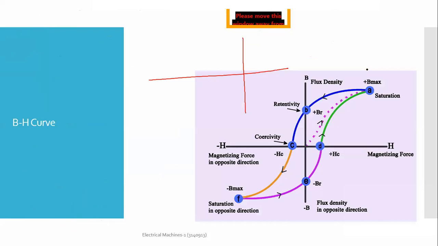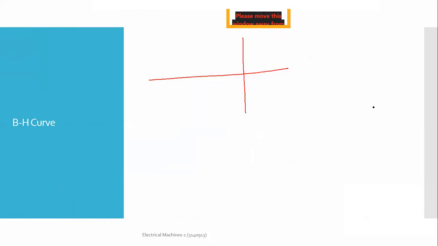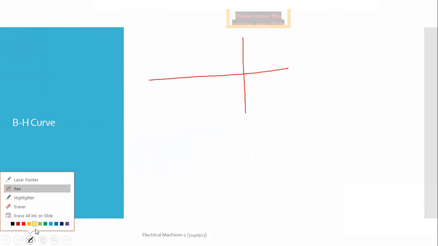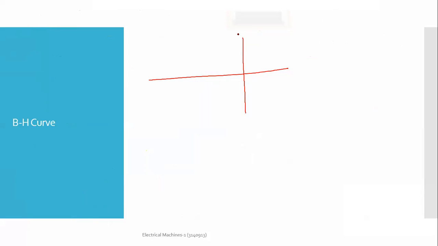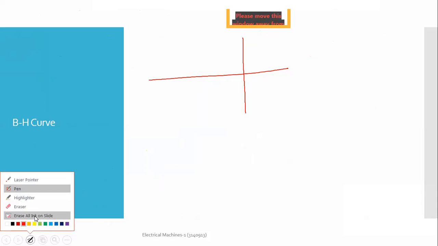Okay, let me show you what will happen. I'll explain what will happen if the core saturates. What is the problem? We should not operate the core in the saturation region.